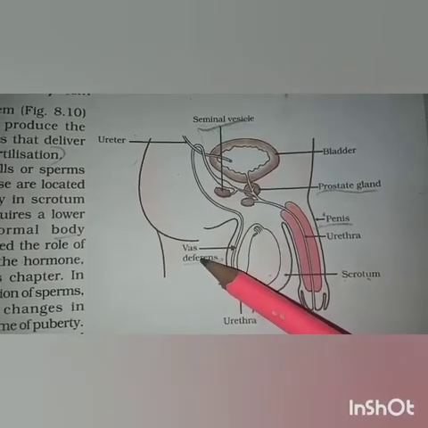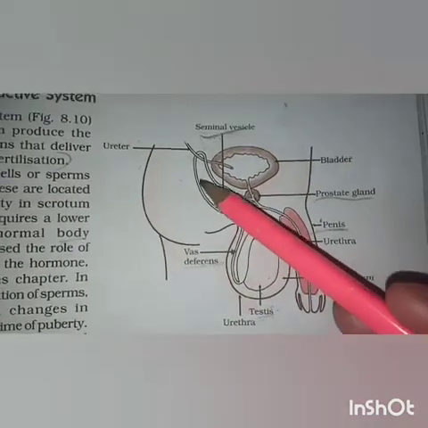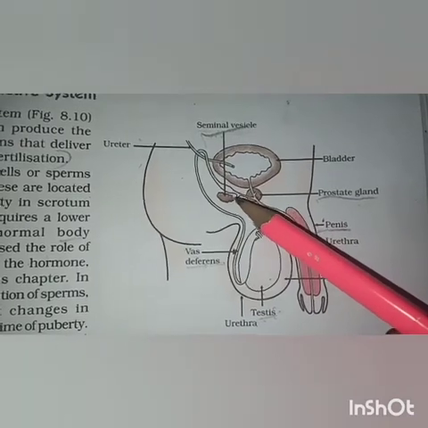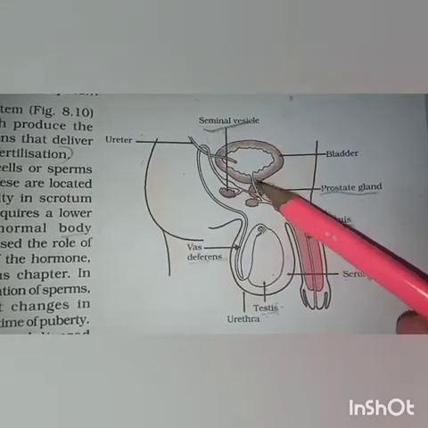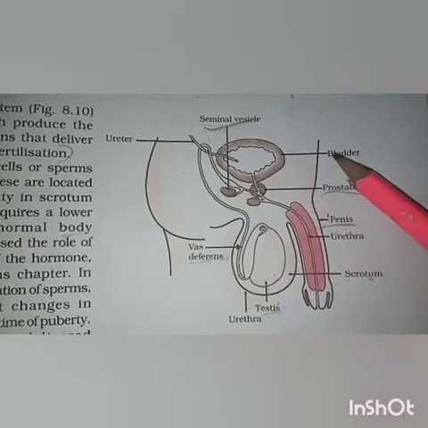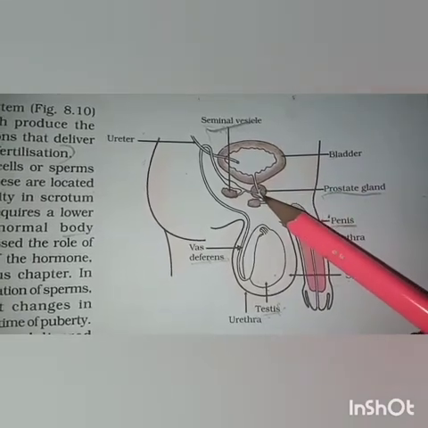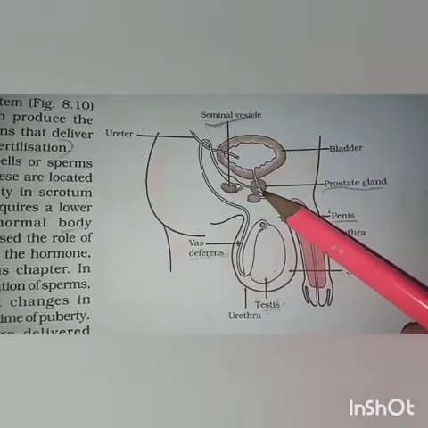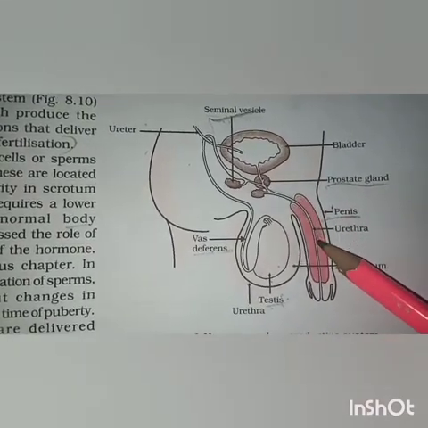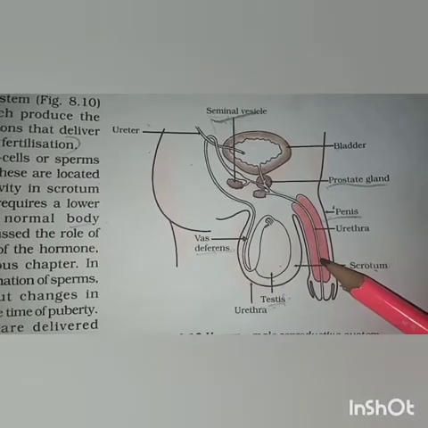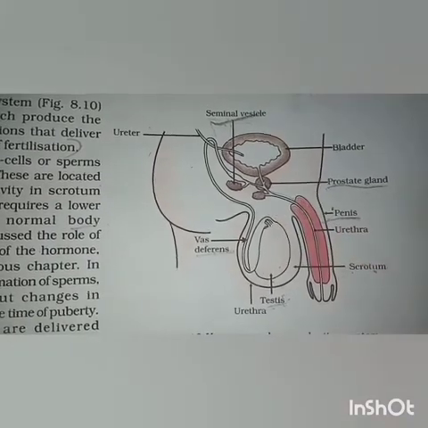This vas deferens is a long tube-like structure, and it unites with a tube coming from the urinary bladder. Thus the urethra forms a common passage for both sperms and urine.